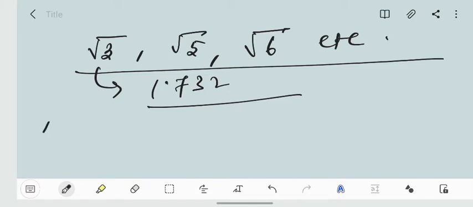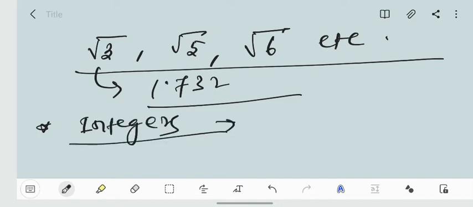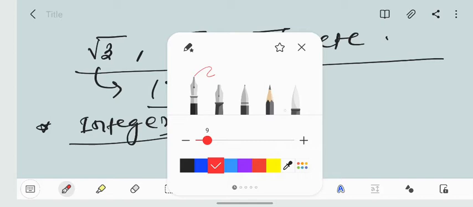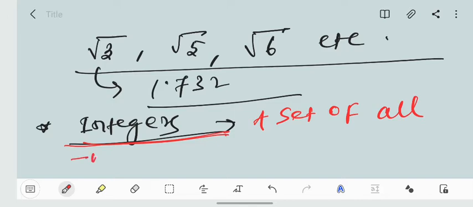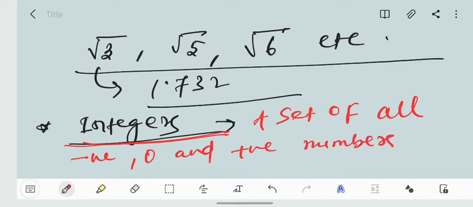So next one is integers. What are integers? So integers are a set of all negative, 0 and all positive numbers.